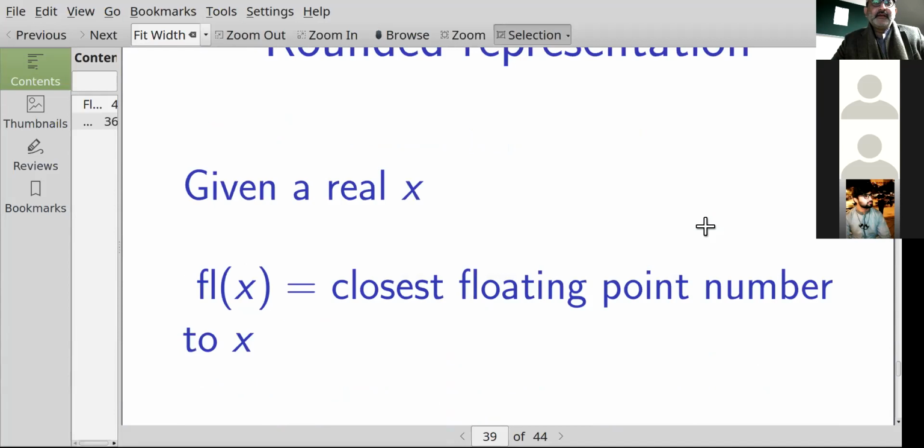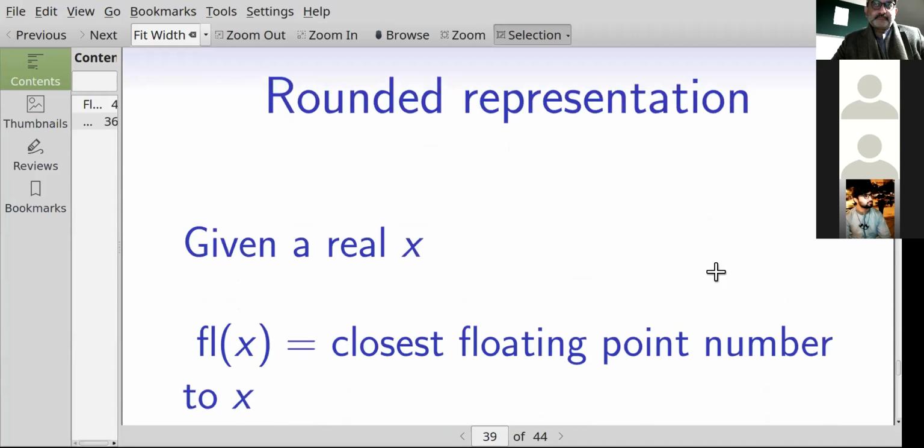You will realize then that we cannot even store all the rational numbers. So we're going to talk about rounded representations. If I have a real x, let FL of x mean the closest floating point number to x.